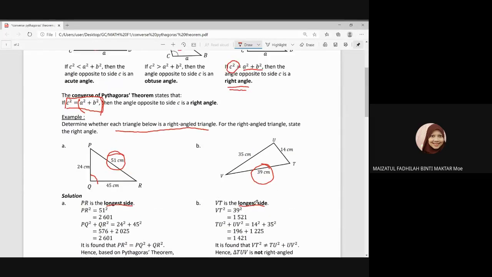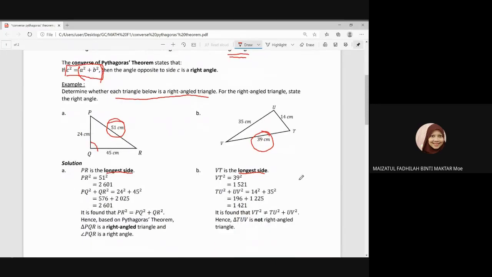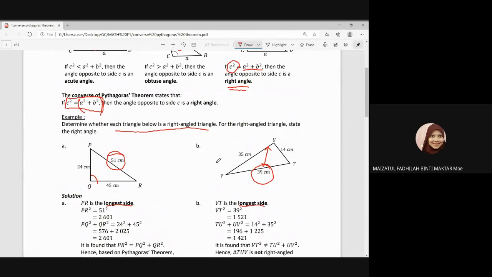Or, depending on you, if you want to say the triangle or the angle of TUV, because this we assume is the hypotenuse.